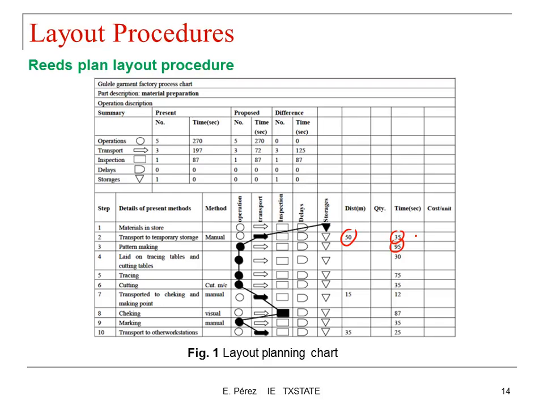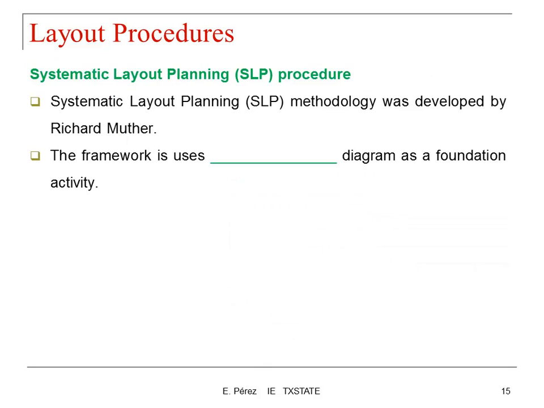On the next slide is a third procedure that is called the Systematic Layout Planning Procedure, or SLP. And this also was developed by a very well-known industrial engineer called Richard Muther, and we mentioned him already in this lecture.